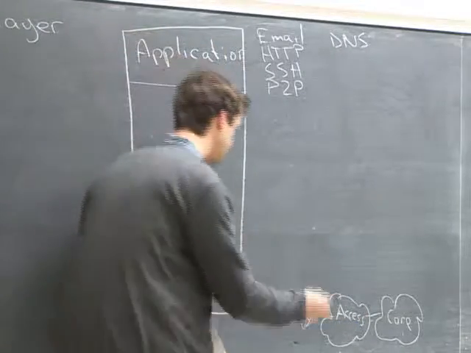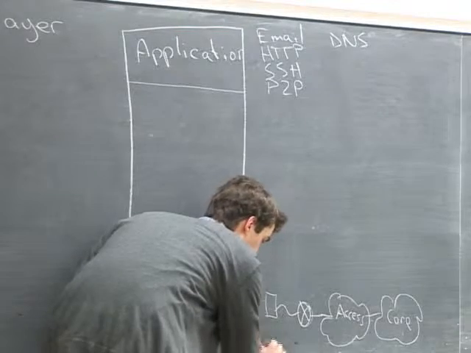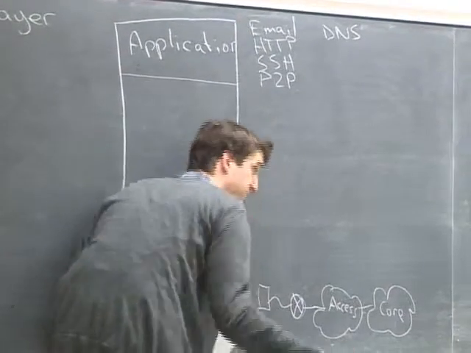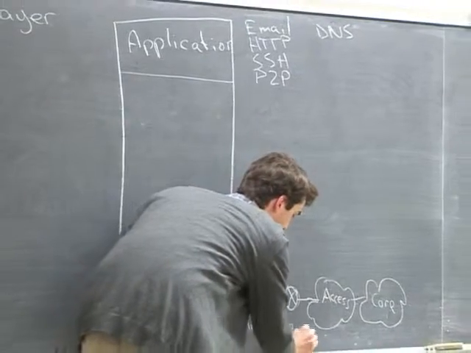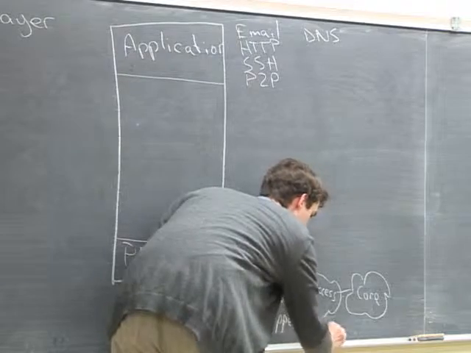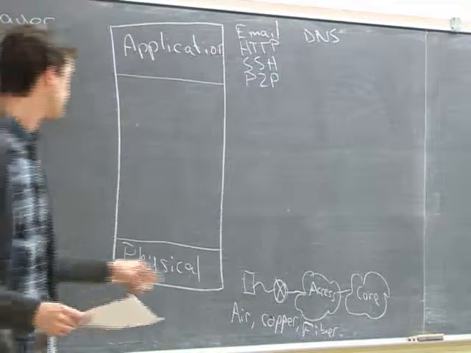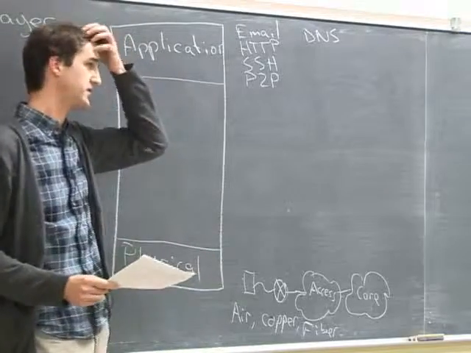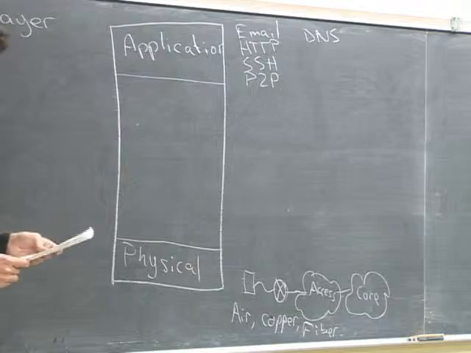So it tells you how to communicate over a medium, such as air for wireless transmissions, copper wires, or fiber optics. All right, so these are the physical layer technologies that, when put together, make up the internet.